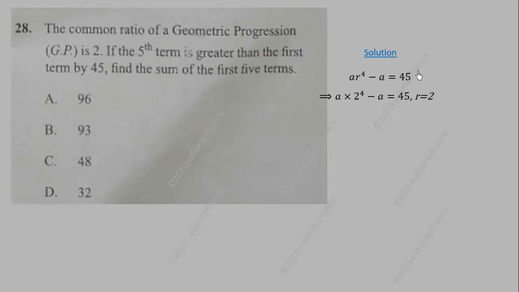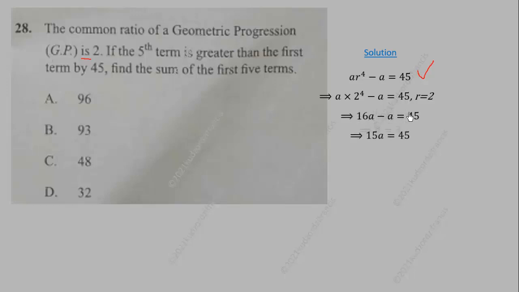So that is going to give us this relation. It means the difference between the fifth term and the first term is 45. Then we're also given that the common ratio is 2. So we substitute r equals 2 into this to obtain this relation.